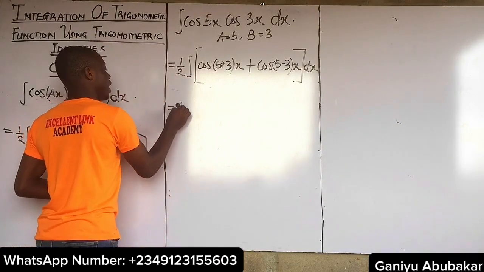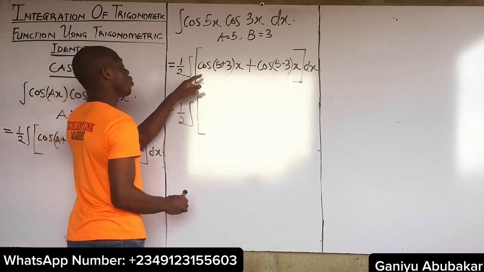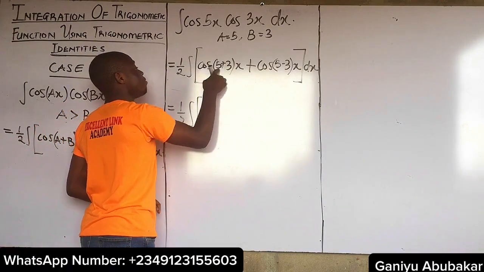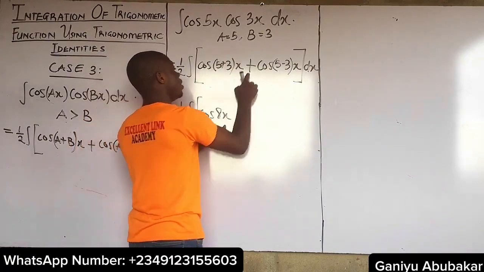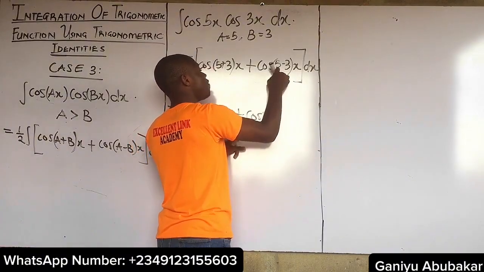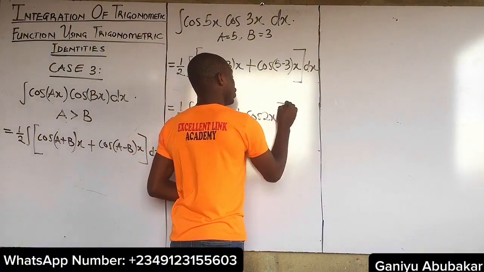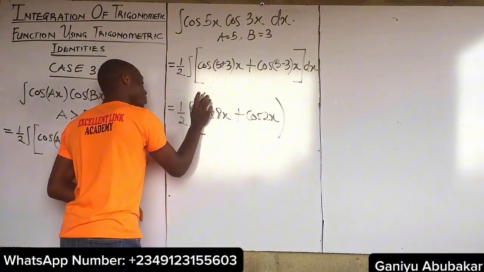At this point here, I have half the integral of cos 5 plus 3 becomes 8x, plus cos 2x, since 5 minus 3 is 2x.